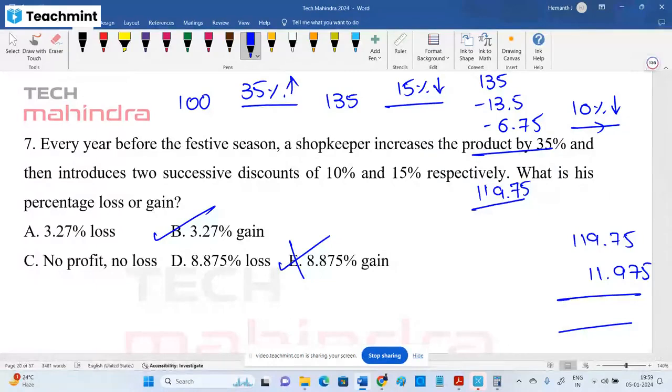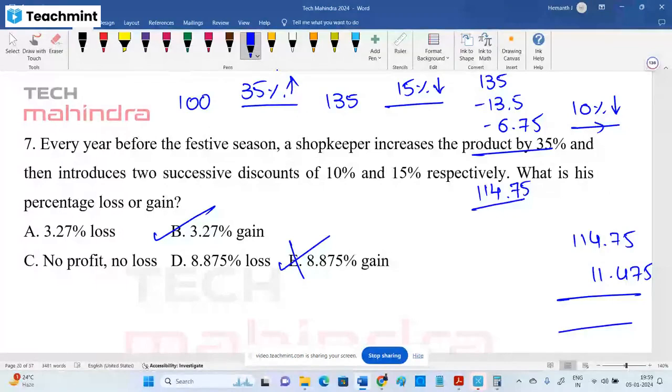125, yeah, this is 114.75. See, that's why calculations need to be precise. 135 minus 20 gives 115, right? So 0.25 gone, 114.75. From 114.75, we have to remove 11.475. 114 and 11 will be around 3 point, here 275.